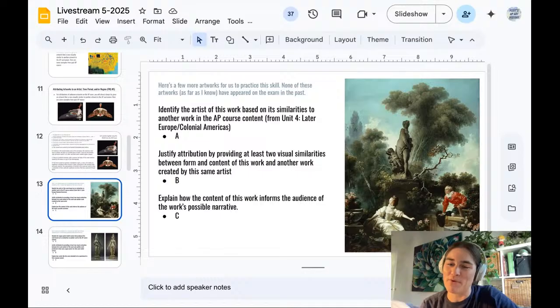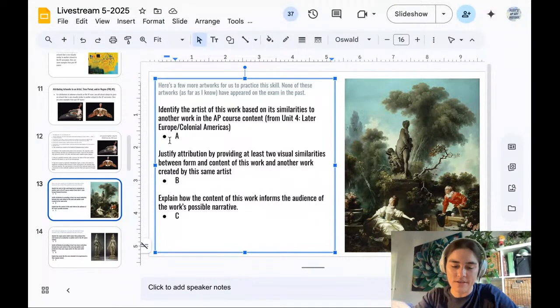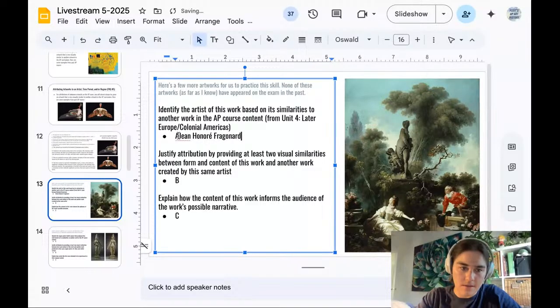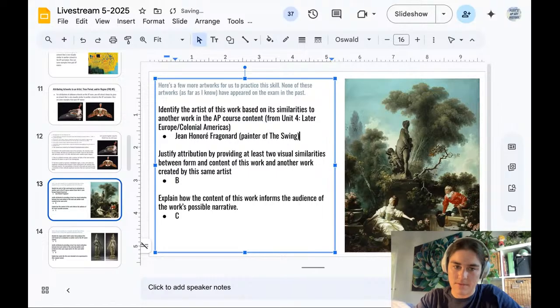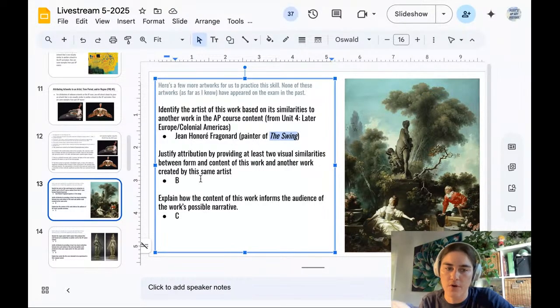It looks like a lot of you have already identified that this artwork is by Jean-Honoré Fragonard, who created the infamous Swing. Love that painting. So justify your attribution by providing at least 2 visual similarities between the form and content of this work and another work created by the same artist.